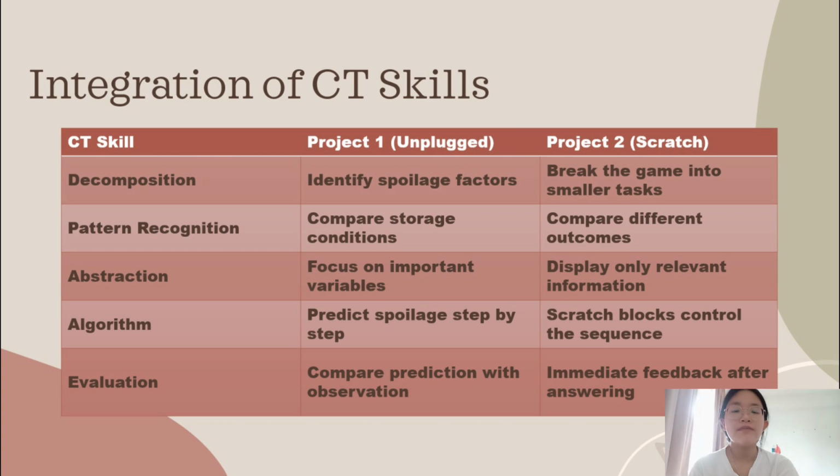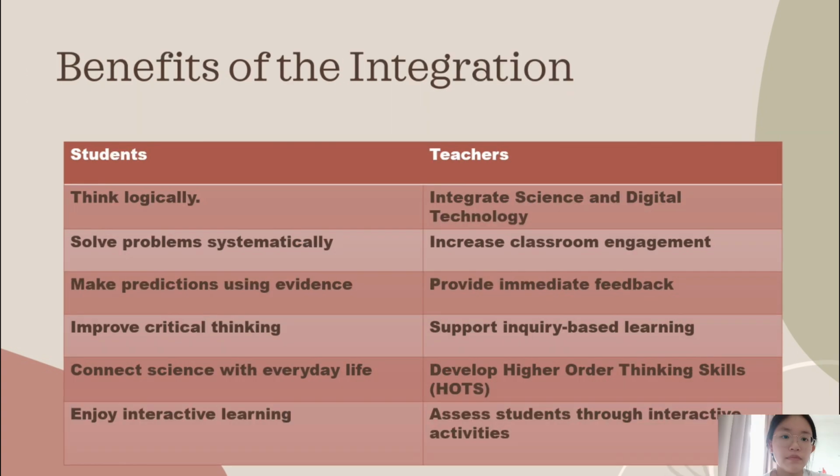For algorithm, Project 1 predicts storage step by step, but in Project 2 Scratch blocks control the sequence. For evaluation, Project 1 compares prediction with observation, but Project 2 gives immediate feedback after answering.